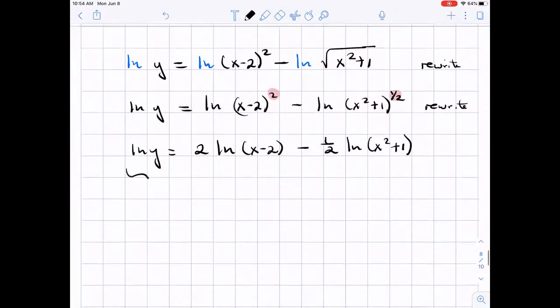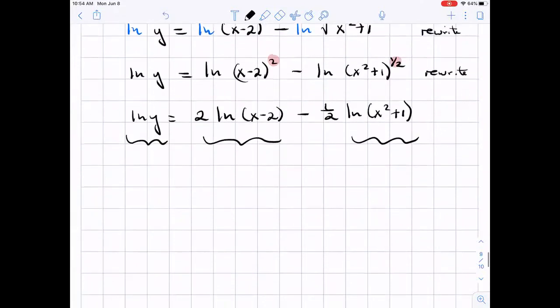And now we take the derivative of each one of these. And remember the derivative of ln of u is u prime over u, okay?